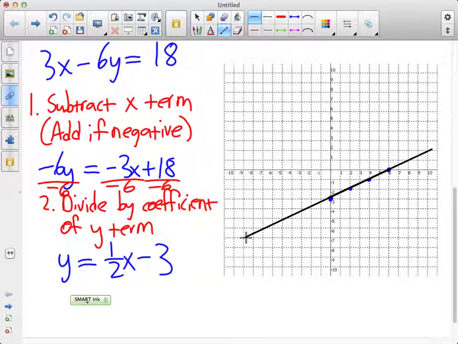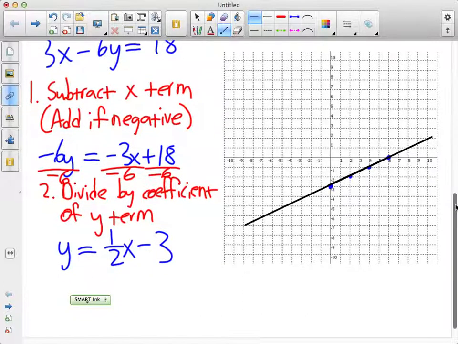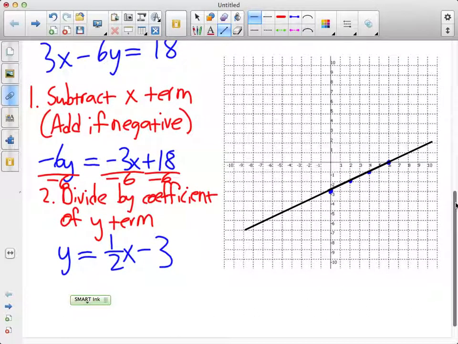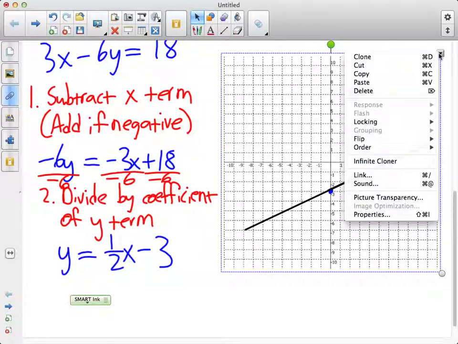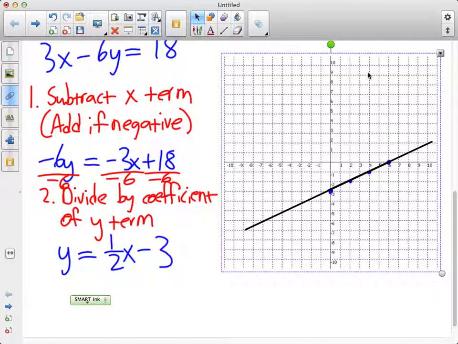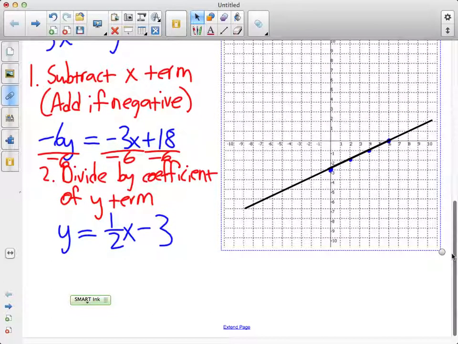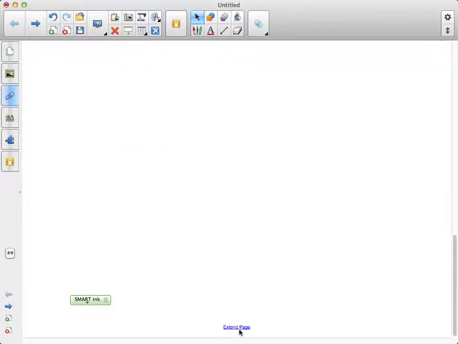Now there's another way you can graph lines in standard form that does not require converting it to slope-intercept form. And it comes down to one key fact: to graph a line, you really just need 2 points.